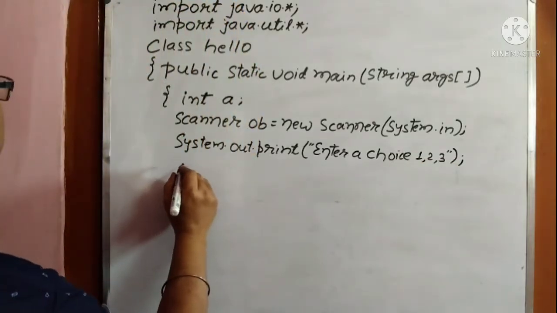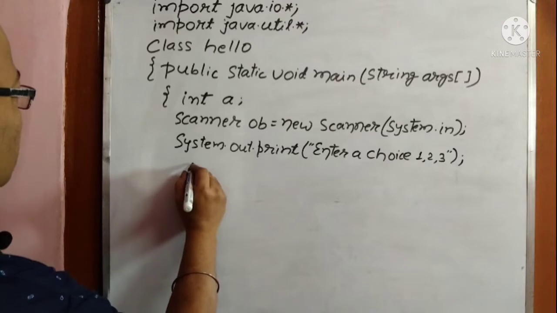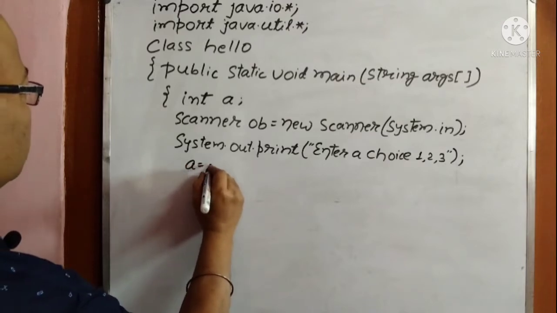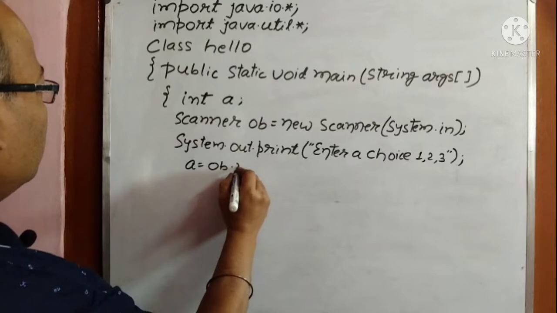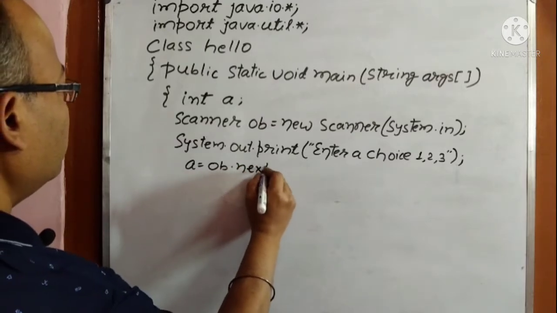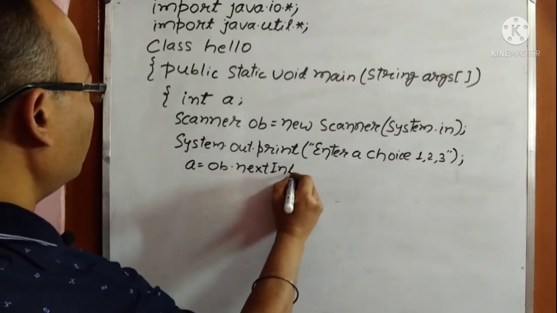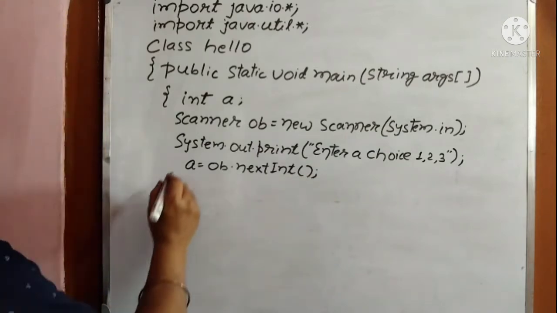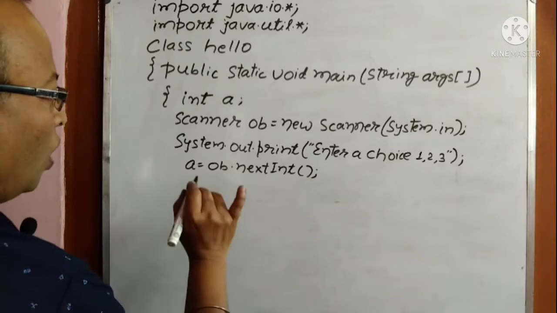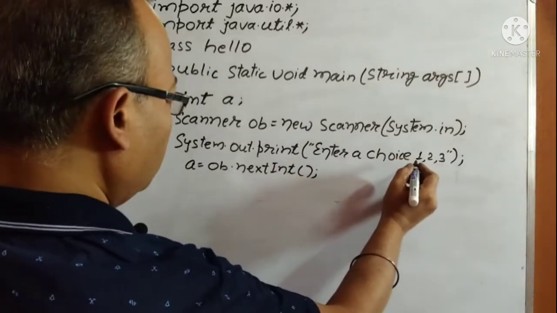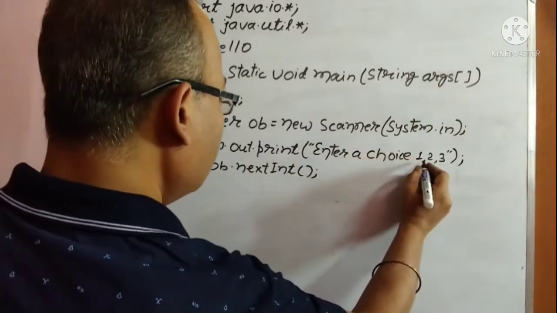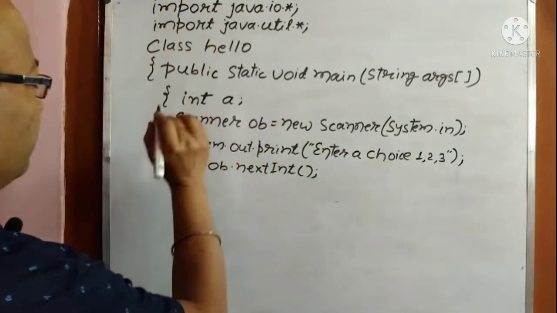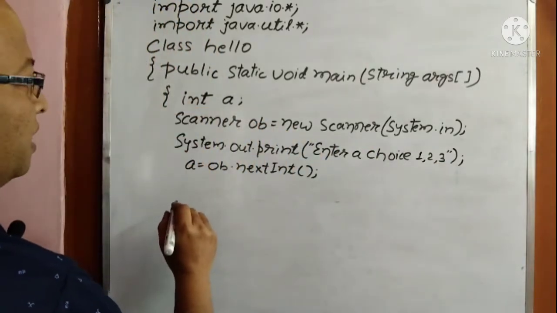So I have to take the entry: a equals ob.nextInt(). I have taken the entry in the variable a, and what should the user enter? Either 1 or 2 or 3. So these are numeric type, so I have taken a variable a of data type int.